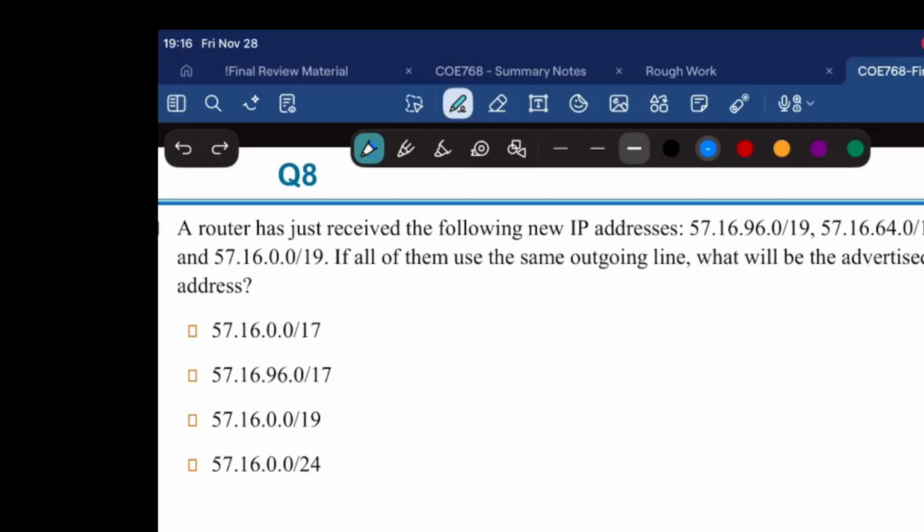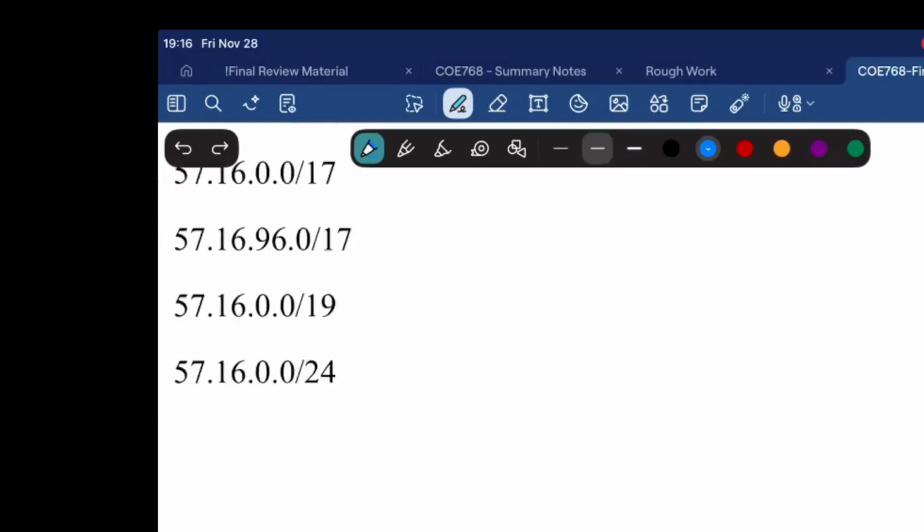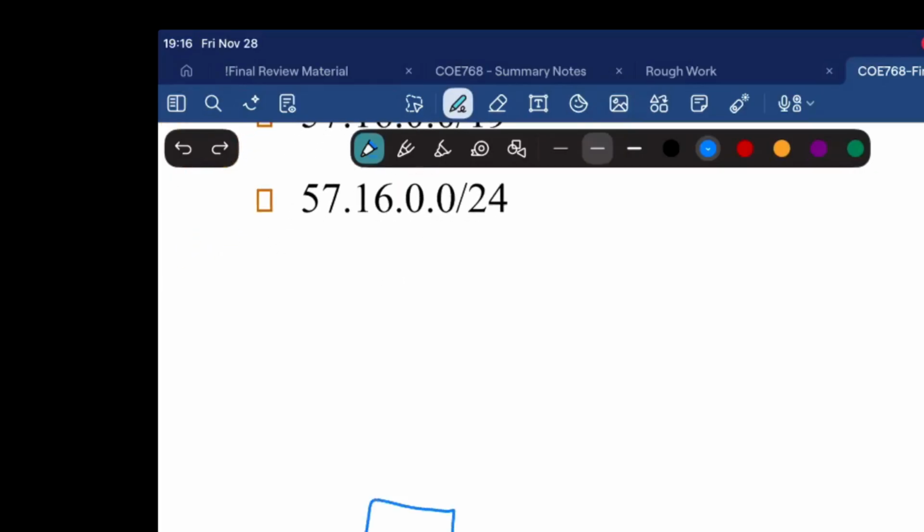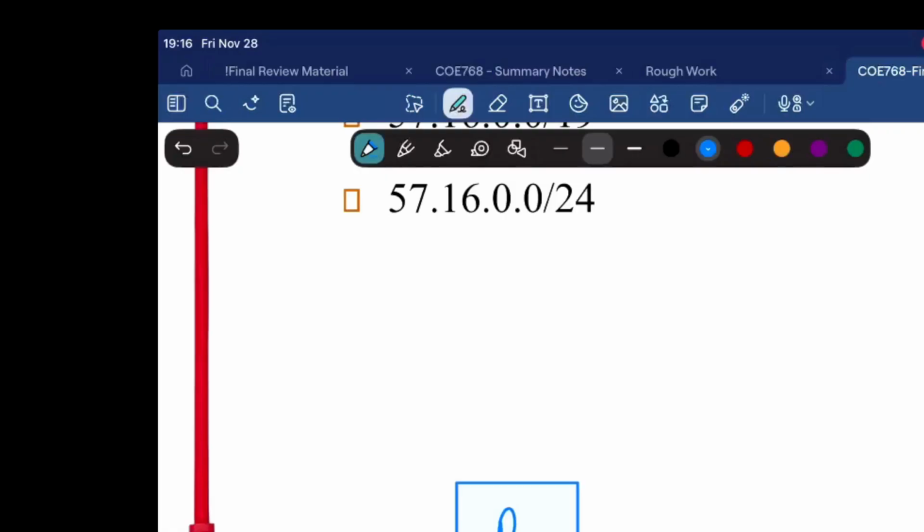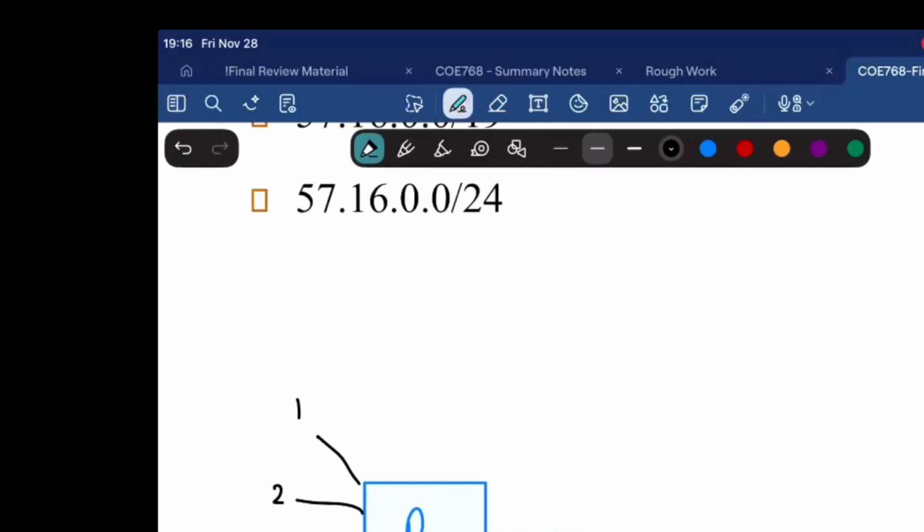To quickly visualize what's going on here, if we were to draw it out, we have a router. Let's call it R1. It has the four network addresses that we were given in the question coming in, so 1, 2, 3, and 4. We want to combine all of them so that when they all end up in the router, everything is only communicating through this one port out to the real world.